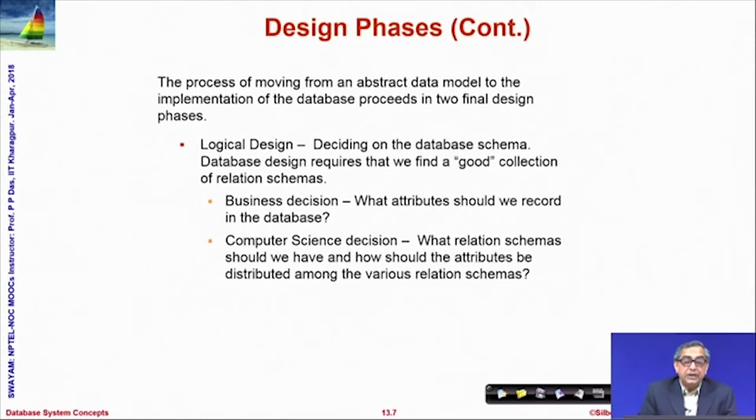We need to decide on what is a good schema. There are principles to say what is good and what is not so good. We need to make business decisions to find out which attributes we record in the database. We need to make computer science decisions as to how the relational schemas will be interrelated between themselves and how the attributes will be distributed.